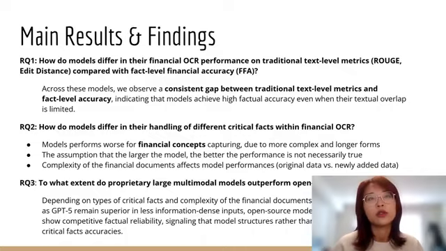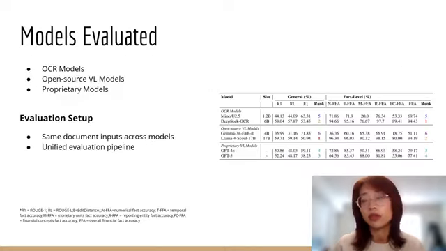So here we can also conclude that the assumption that the larger the model, the better the performance is not necessarily true. The colored rank on the right shows how well these models are performing under the general domain metric or the fact level metric.